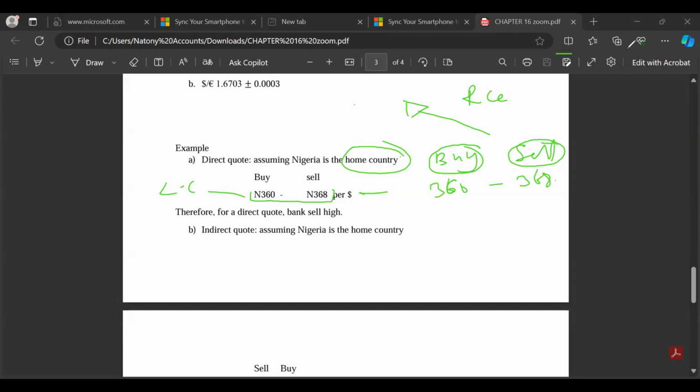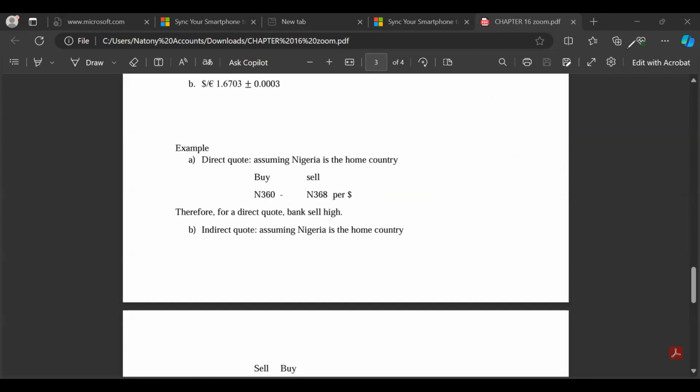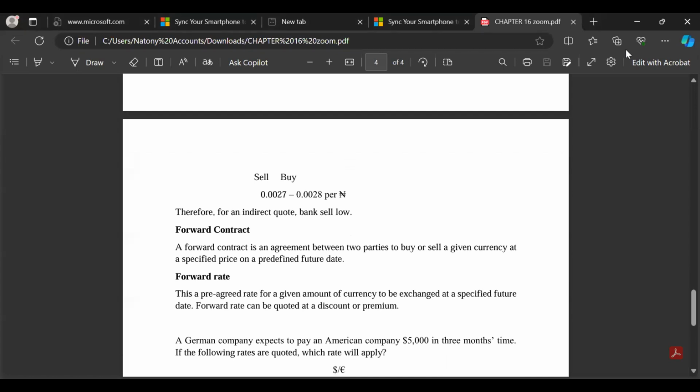For indirect quotes, it is the opposite. Assuming Nigeria is the home country also, is this a direct or indirect quote? It is indirect, because the pricing currency is in the foreign currency.